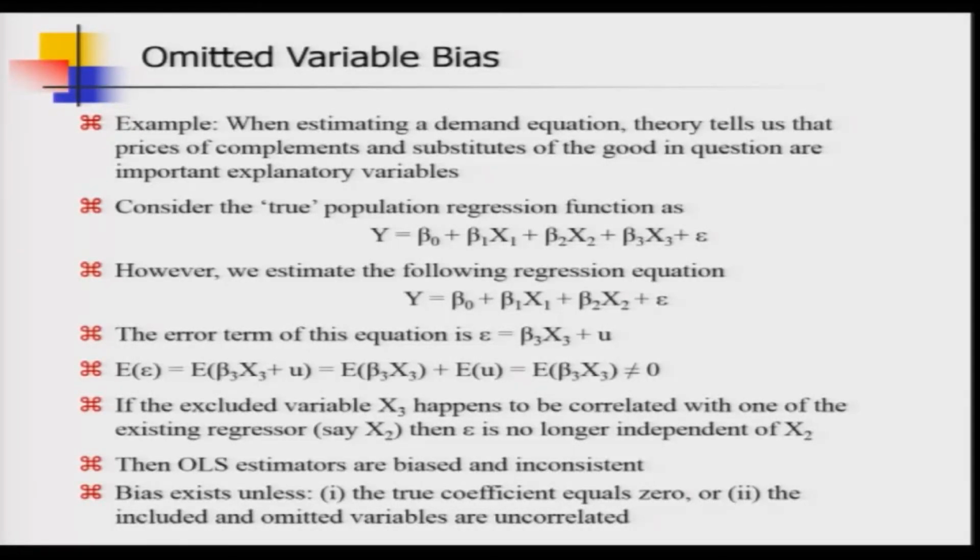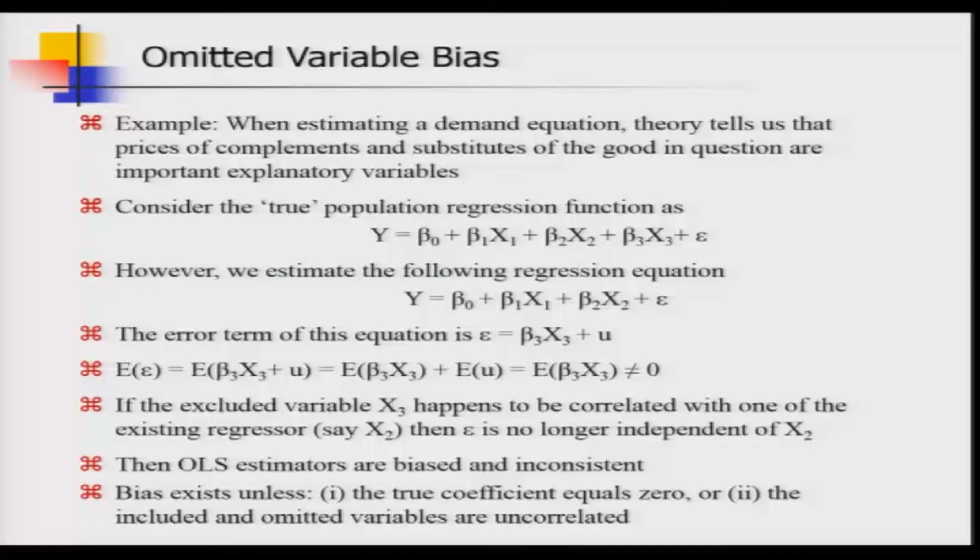Remember, we set one assumption of exogeneity, and there I set this statistical criterion that the covariance between the vector of explanatory variables and the vector of error terms, epsilon, should be 0, that is, cov(x, epsilon) = 0. But if x3, which you are missing, is related with x2, then via the route of epsilon, it is going to impact the coefficient of beta 2 as well.